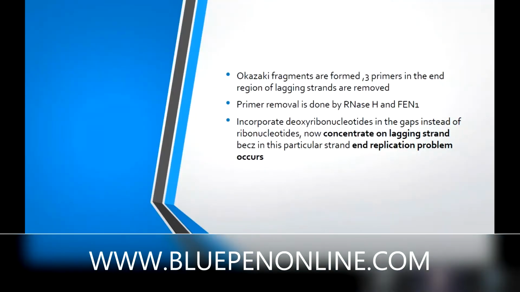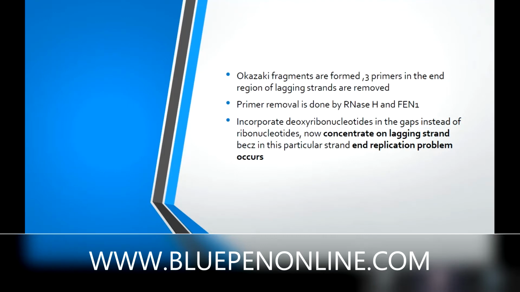So what happens in the lagging strand? Okazaki fragments are formed with the help of 3 primers in the end region of the lagging strand, and the primers are also removed. Primer synthesis occurs, and these primers are removed after the formation of Okazaki fragments. We know primers are removed. Primer is the starting material for the synthesis of replication.